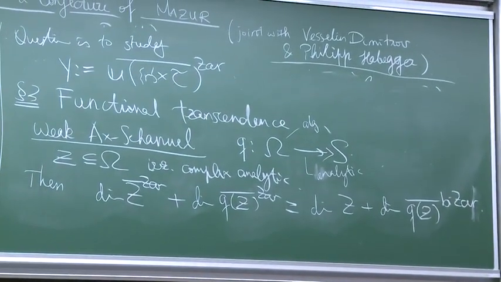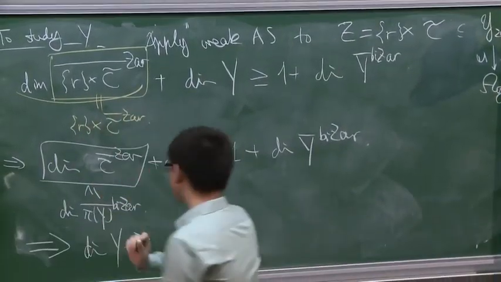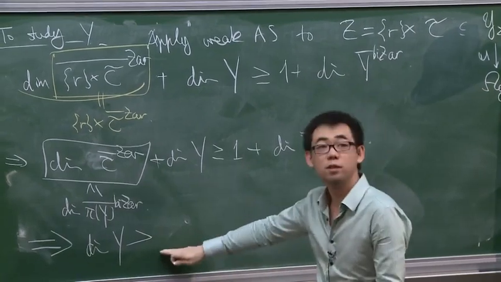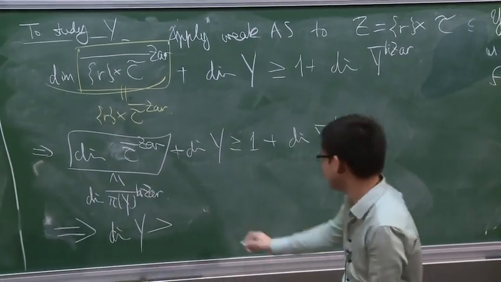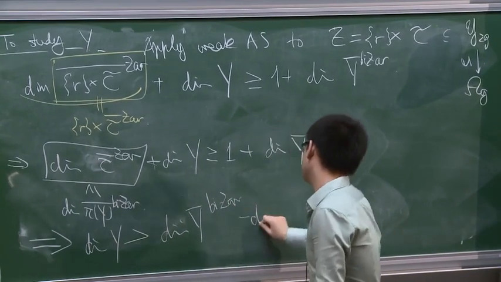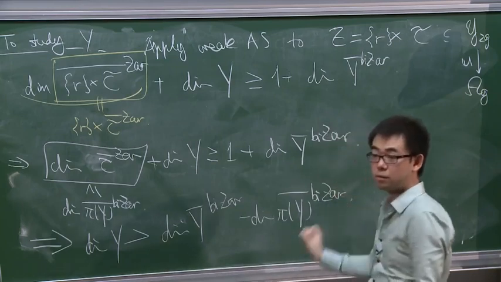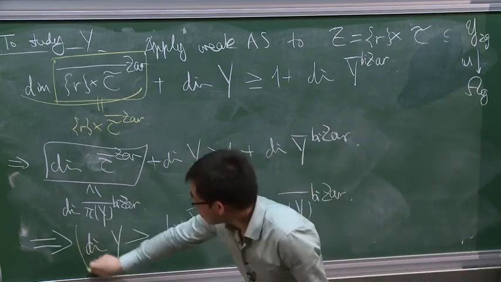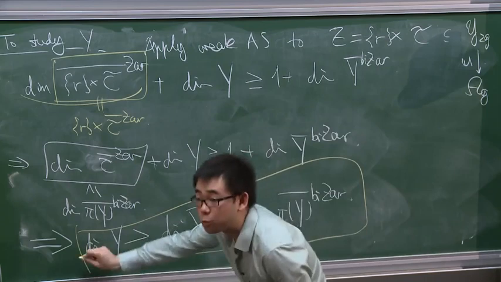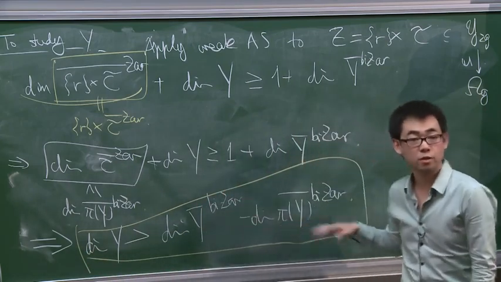Now we have the inequality being dimension of y is greater than, I remove this 1, but then replace this by strictly larger than dimension y bizarre minus dimension pi y bizarre. Okay, this is actually the eventual form we want because both things have very good geometric interpretation.